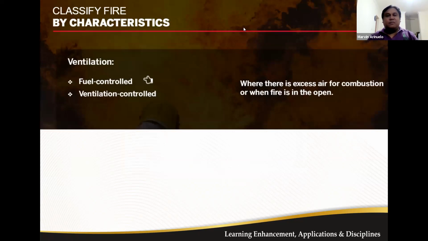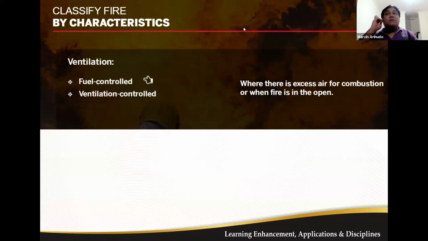Let us discuss the ventilation. Fire may also be classified based on whether the fire is controlled by the amount of fuel available to burn or by the amount of oxygen or air available for the combustion process to continue. When a fire is burning in the open or is in the early stage of development within the compartment, when there is an excess air for combustion, the fire is said to be fuel controlled.